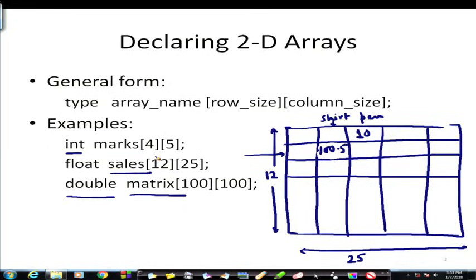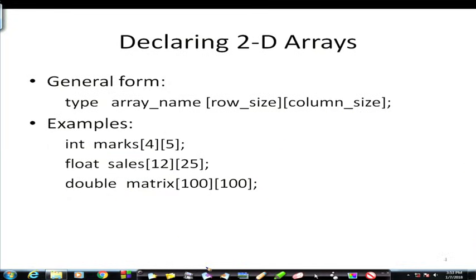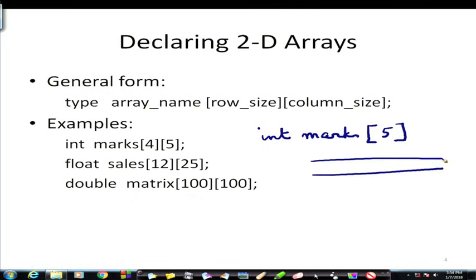Okay. So, we have got two dimensions that we are specifying here. Unlike what we did in the case of a one dimensional array, where we did something like int marks 5. So, int marks 5 is a one dimensional array with 5 elements.